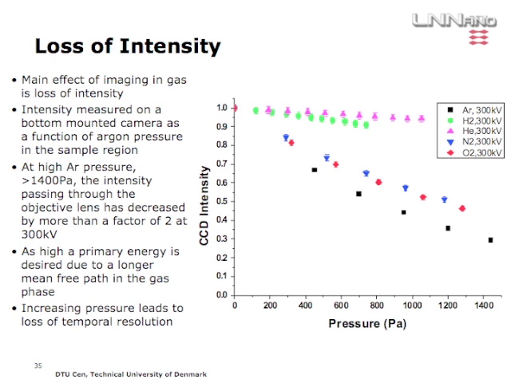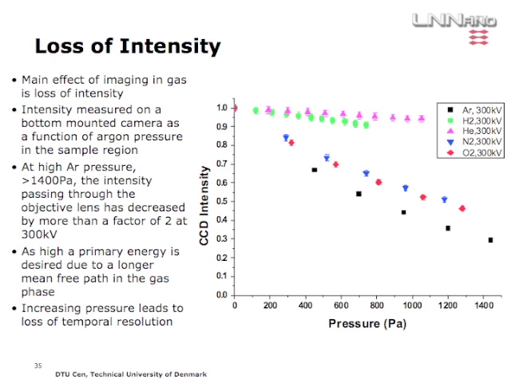You see just about 5% for hydrogen at the maximum pressure we can have with hydrogen, about 8 millibars. For the heavier gas molecules like nitrogen, oxygen, and argon, you see a much more severe effect. So this is all at 300 kilovolts. If you go to high pressures, you have only 30% left of your original intensity.